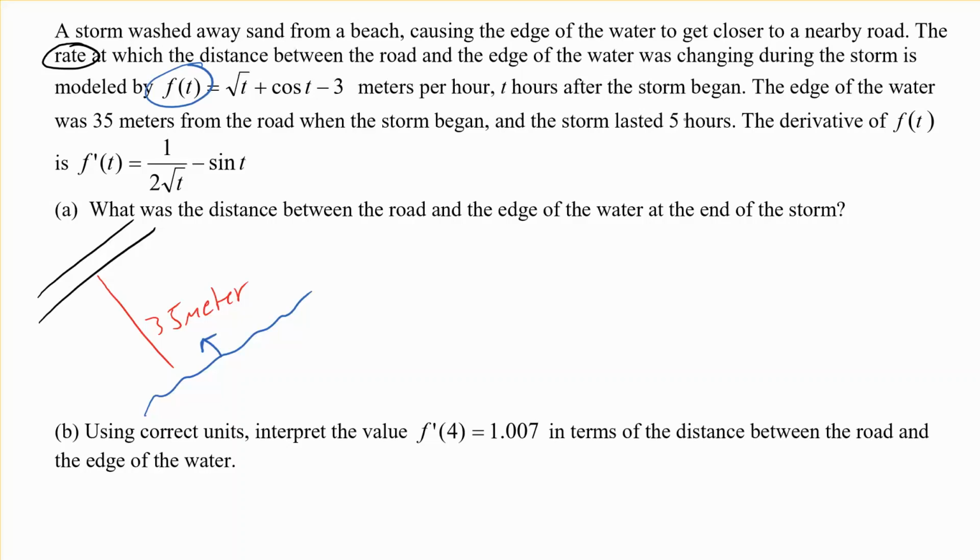So the storm lasted for 5 hours. So we can talk about finding the total loss by going from 0 to 5 of f of t, which is negative 8.505. And that'll be in meters.